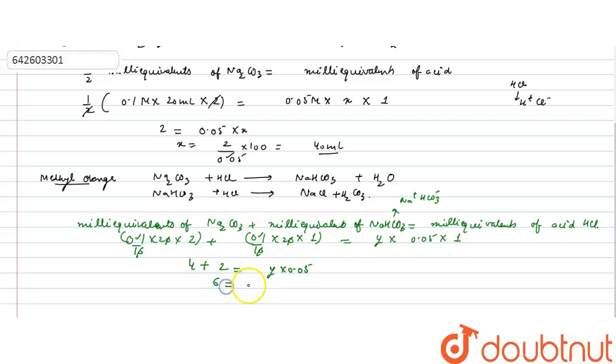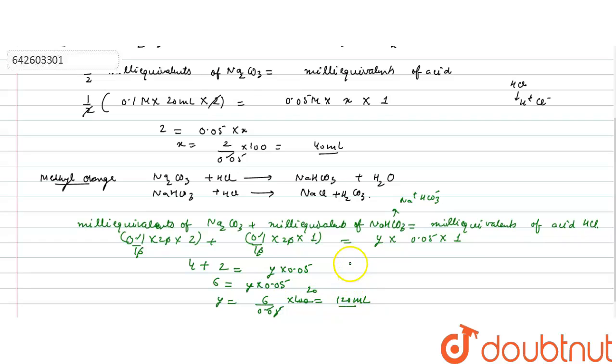So 6 equals Y into 0.05. So Y will be 6 upon 0.05. That will be 5 into 20. It will be 120 ml.